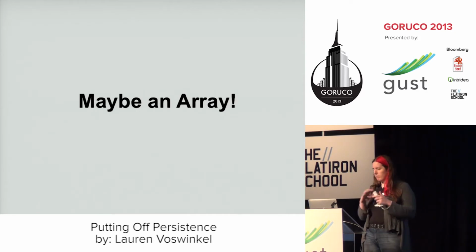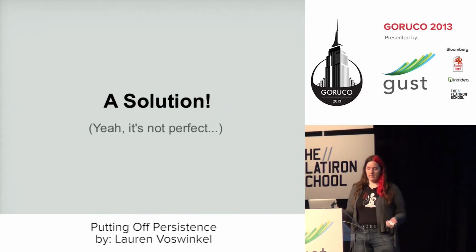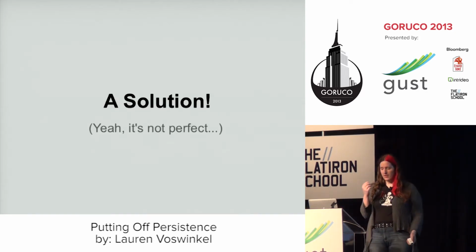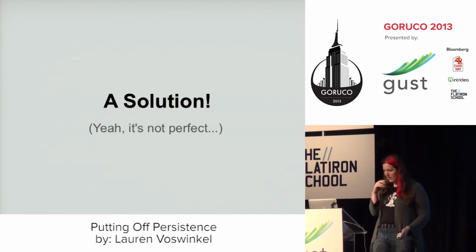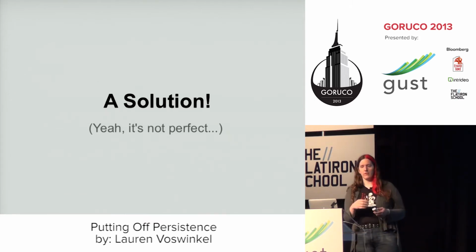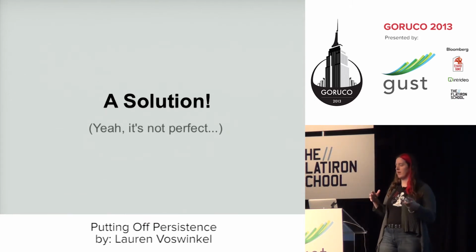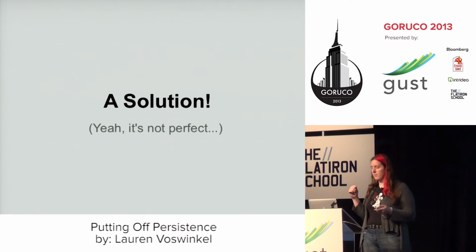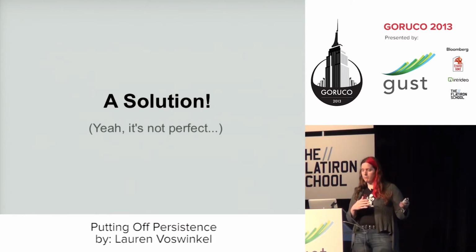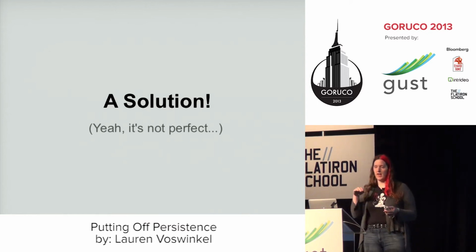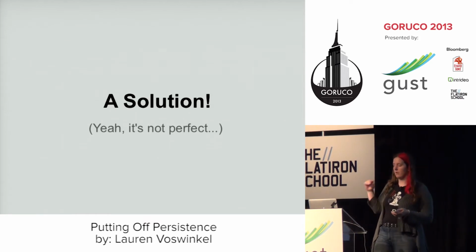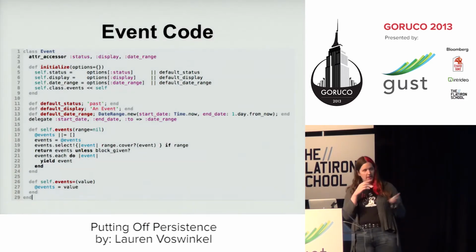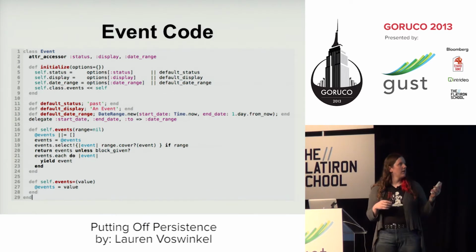Maybe I'll just make an array. I mean, it's a solution, and yeah, it's not perfect, but I was actually able to get past this original barrier by creating an array that every time an event was instantiated, it just pushed itself onto a class variable array. And here is the code for that.